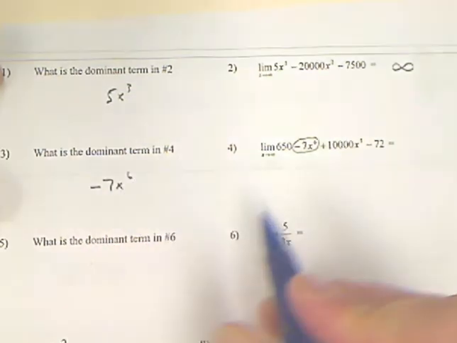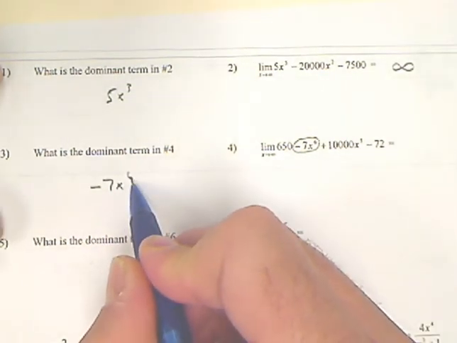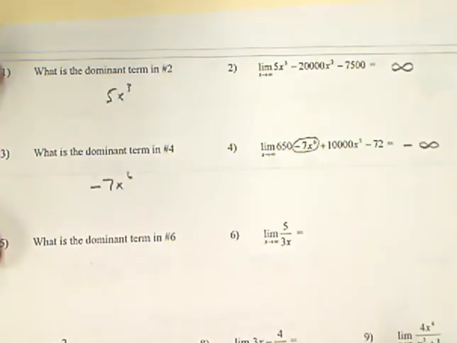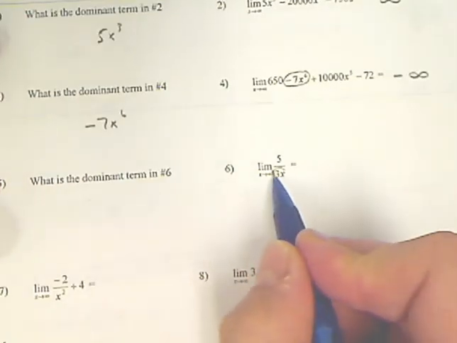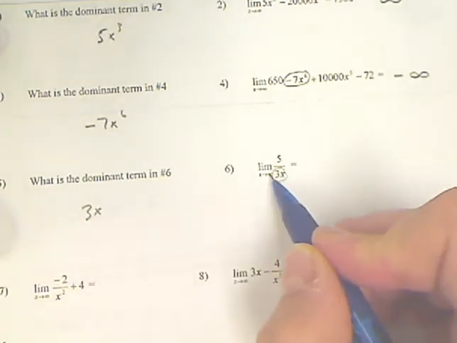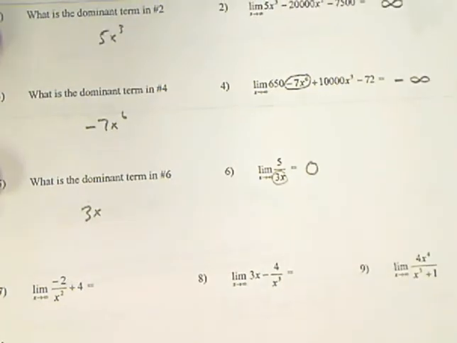So -7x to the 6th, stick a million into that. You would do a million to the 6th power, which is a very large positive, times -7 is a very large negative number. The dominant term here is the 3x, and when the dominant term is in the denominator and you're going to the infinities, that fraction is getting closer to 0.